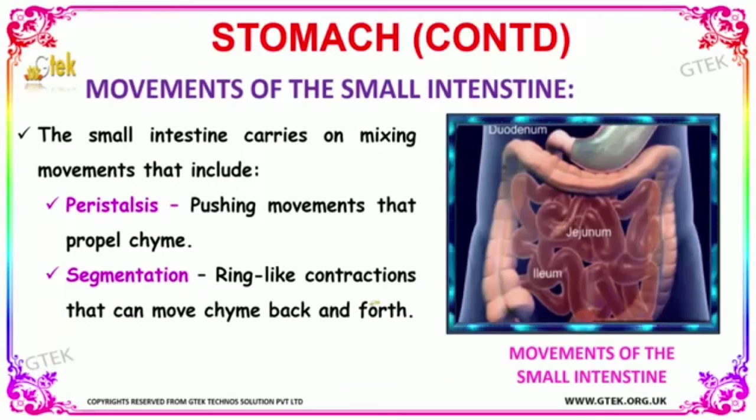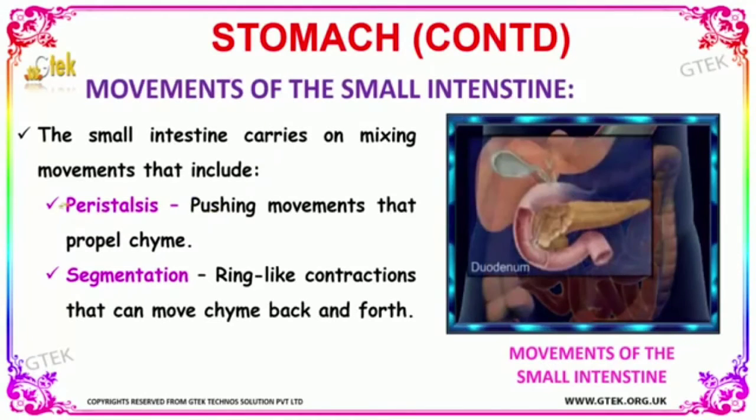Next, we are going to see about the movements of the small intestine. Your small intestine carries on mixing movements which include peristalsis, that is the pushing movements that propel the chyme. And next we have segmentation, which is a ring-like contraction that can move chyme back and forth.